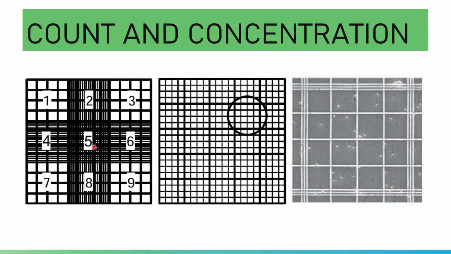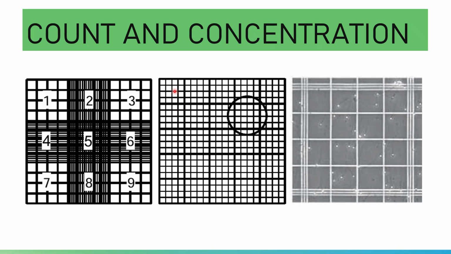Let's take a look. The number 5 here, the fifth square, the central square, is for sperm counting. Please note that the fifth square is subdivided into 25 smaller squares. 1, 2, 3, 4, 5 times 5 again is 25.